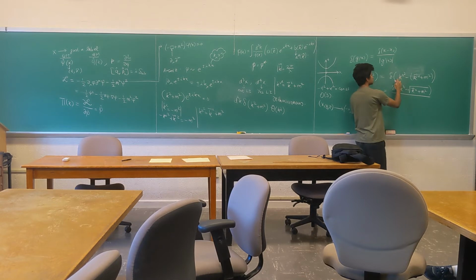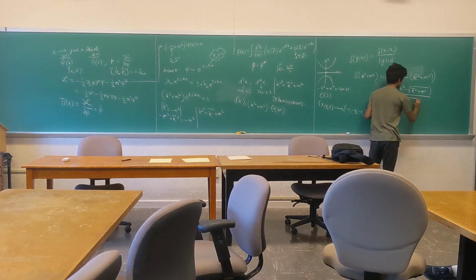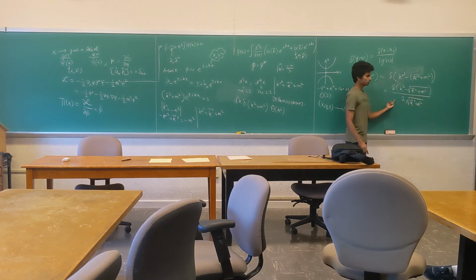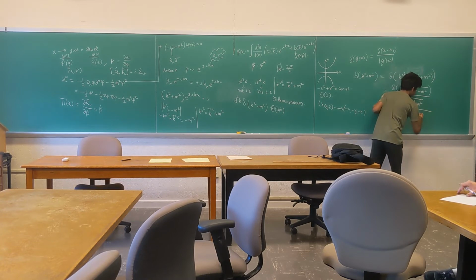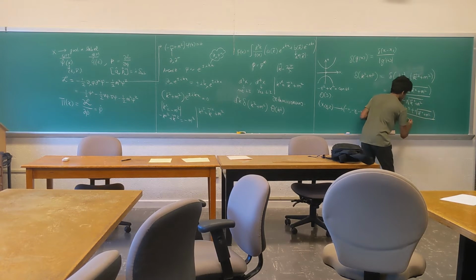So the derivative is just 2 times k naught, evaluated at the root it is 2 square root of k vector squared plus m squared. That's not all. We have one more contribution from the other root, which is minus of this, which is delta plus square root of k squared plus m squared by 2 square root.